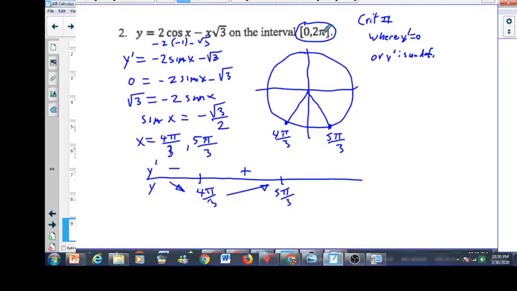If we put in 2 pi, we get the same thing we got for 0, right? So we're going to be decreasing here.